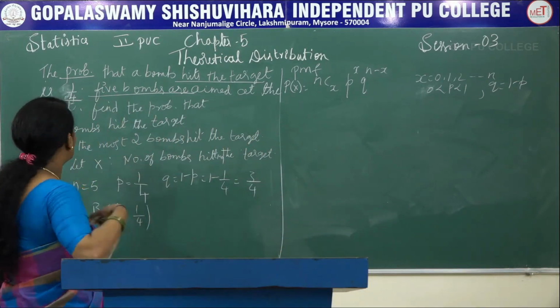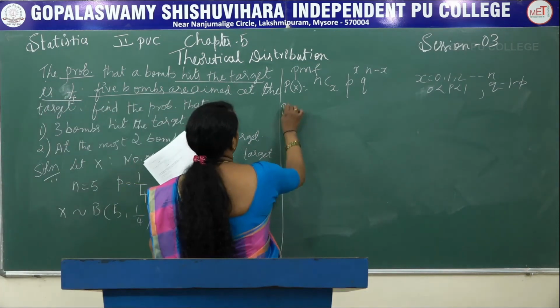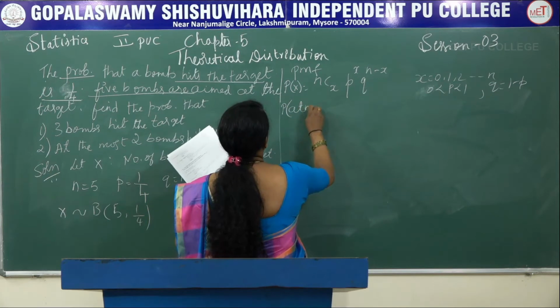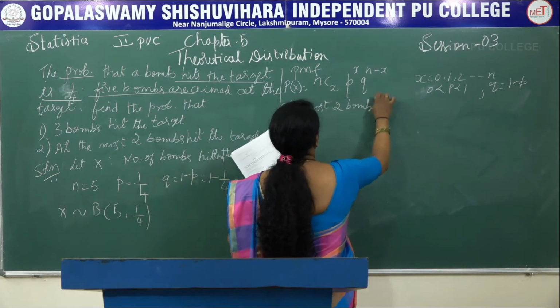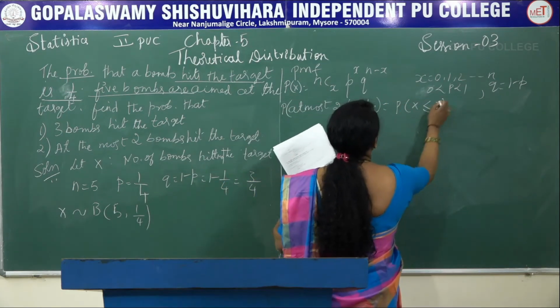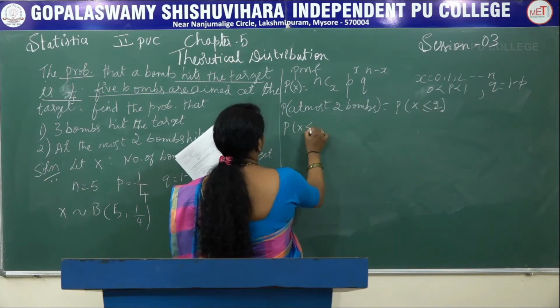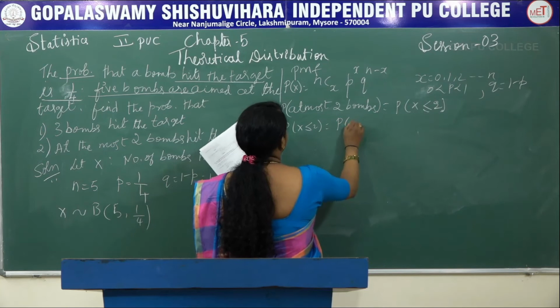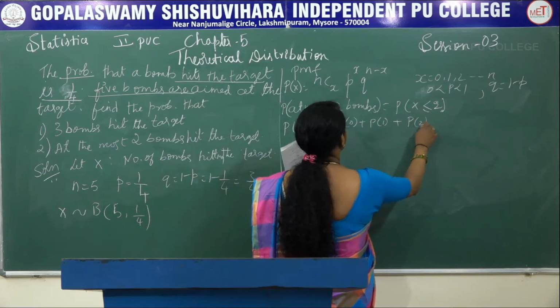At the most, second problem is at the most 2 bombs. Again, probability of at most 2 bombs. Since this is at most, this is probability of X less than or equal to 2. We can write this as P of 0 plus P1 plus P2.